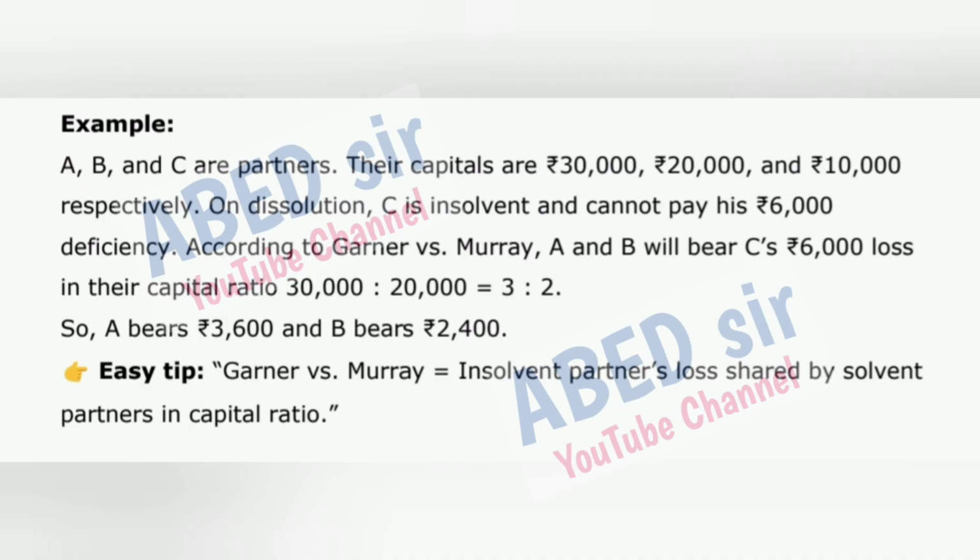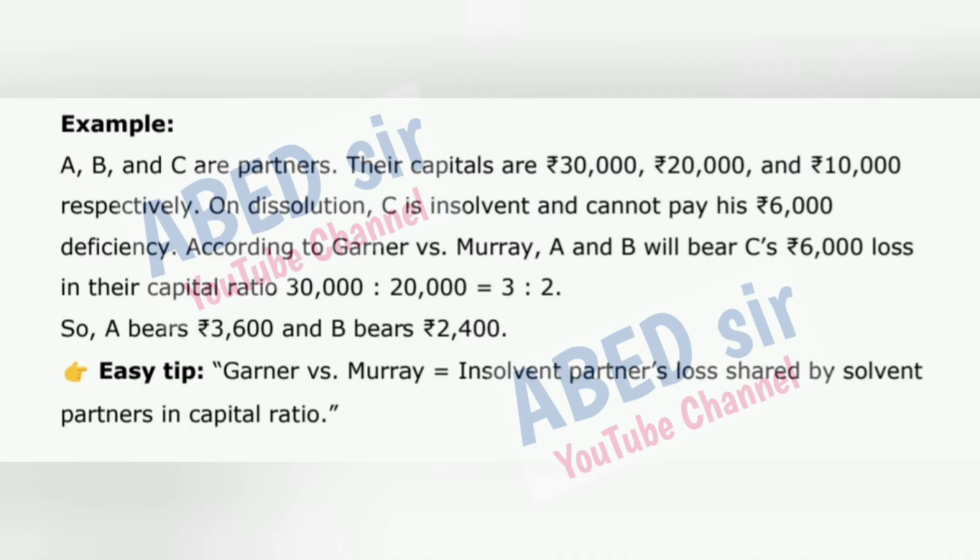Example: A, B, and C are partners. Their capitals are 30,000 rupees, 20,000 rupees, and 10,000 rupees respectively. On dissolution, C is insolvent and cannot pay his 6,000 rupee deficiency.